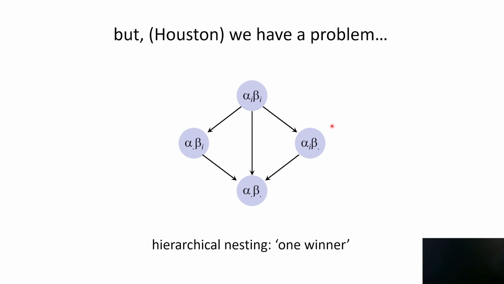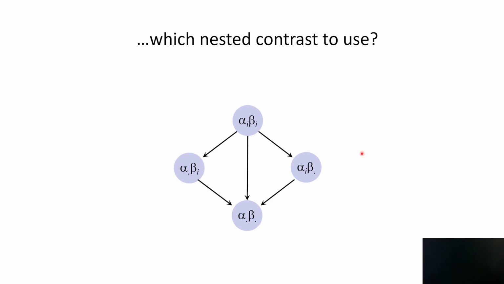But what about these two models? Here's a model that's got alpha sub i compared to alpha dot, but the beta parameter is beta dot in both cases. In either of these two situations, both of these are tests of alpha. This model is nested within this. This model is nested within this.